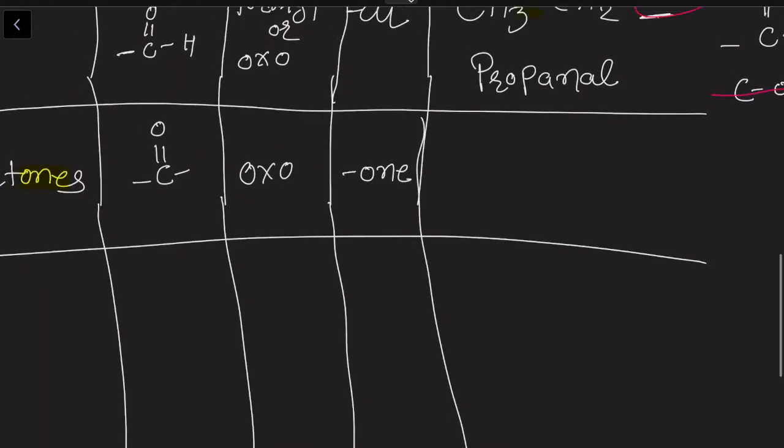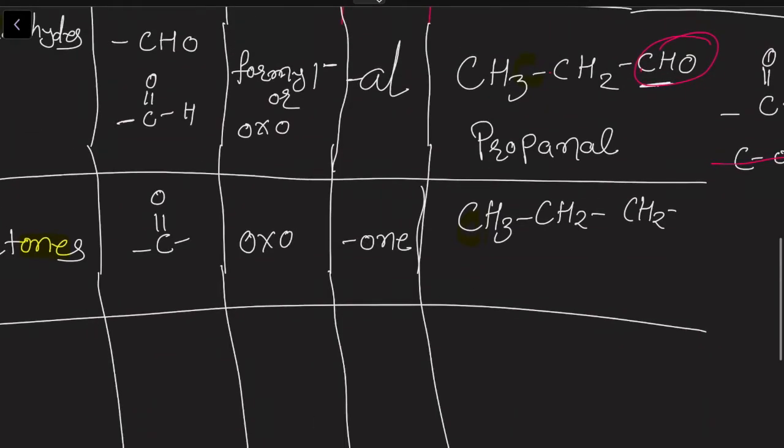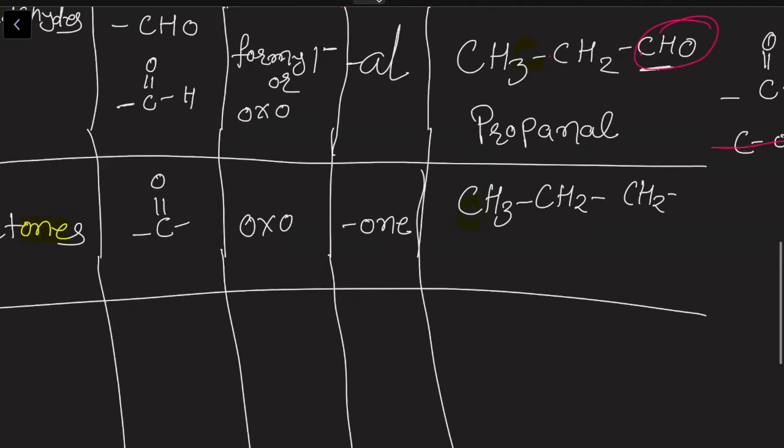And for example, let's do CH3, CH2, CH2, actually no, C double bond O and CH3.